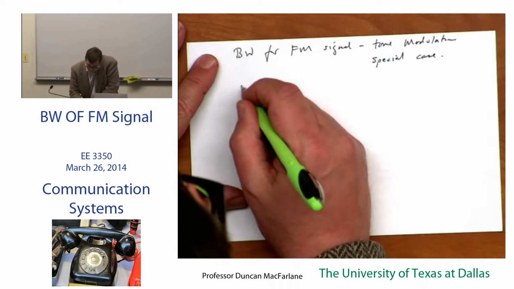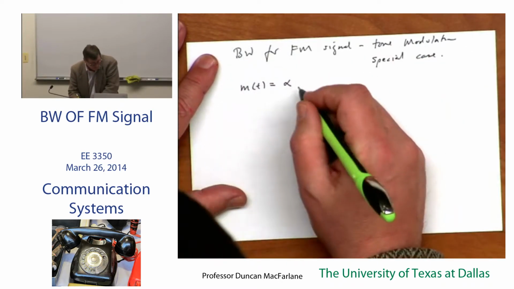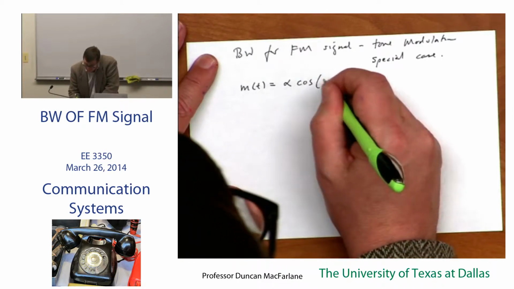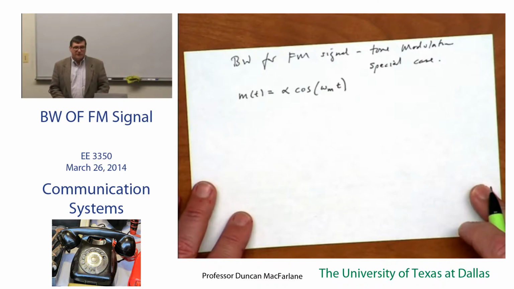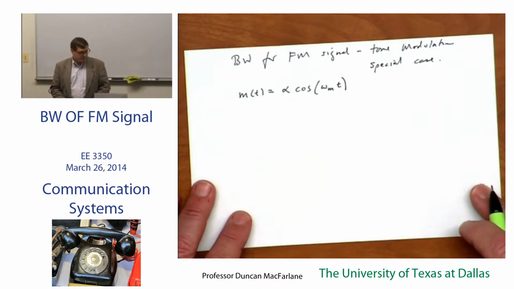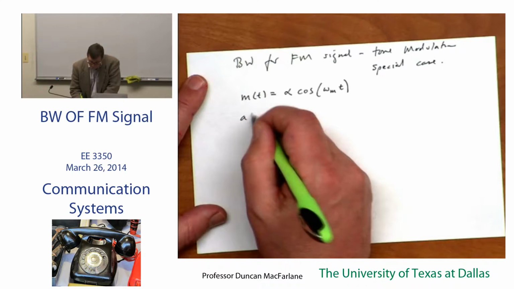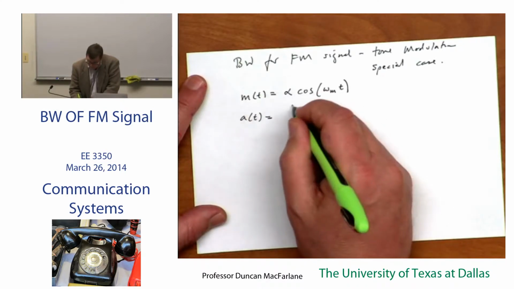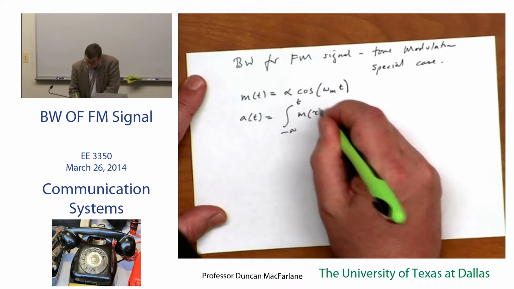So my m of t will equal some alpha, some strength, times a single frequency of my Fourier series. Now, do you remember our a of t was the integral? That gives me my phase excursion.